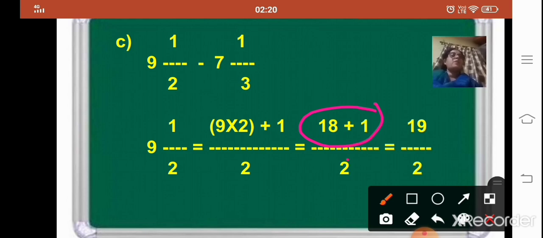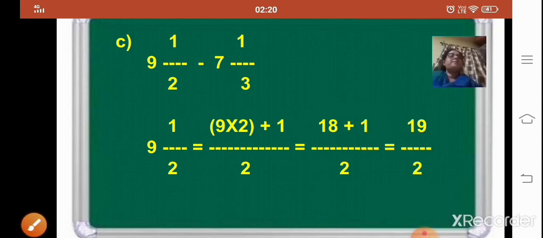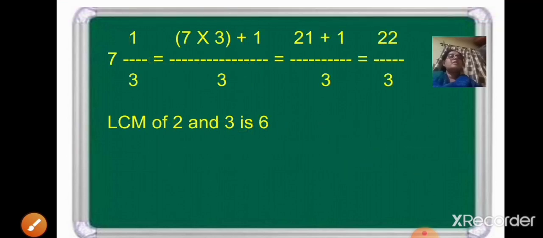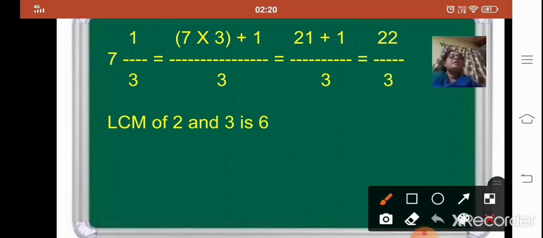So 18 plus 1 is 19 upon 2. Okay. So the next number is 7 1 upon 3. So what you will do is 7 into 3 plus 1 upon 3. So 7 3s are 21 plus 1 upon 3, that is 22 upon 3.